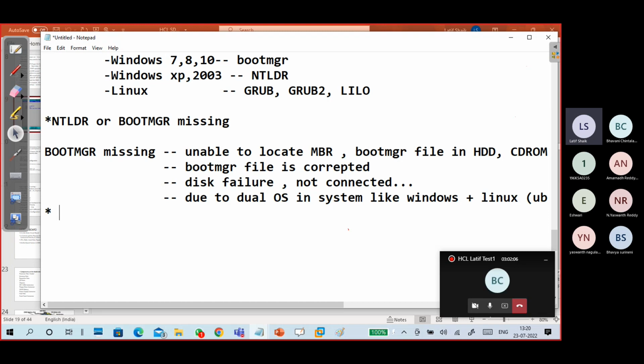Only one solution, guys. Again, if the boot MGR file is corrupted, you can connect an OS DVD or a pen drive.